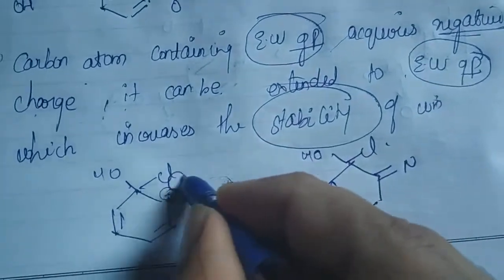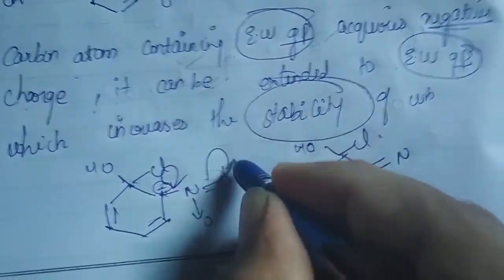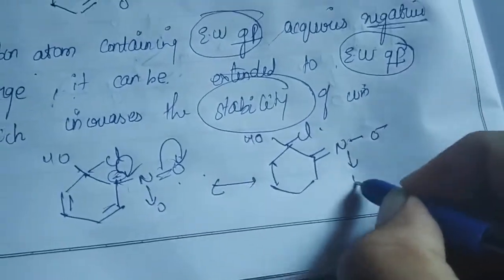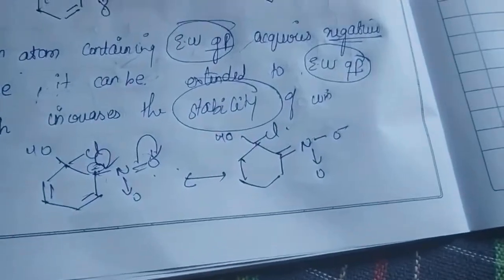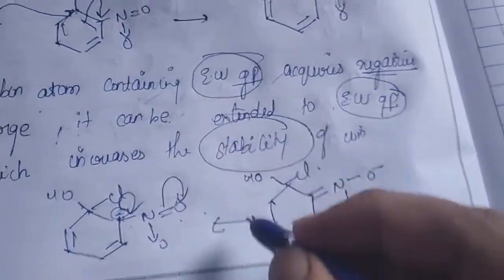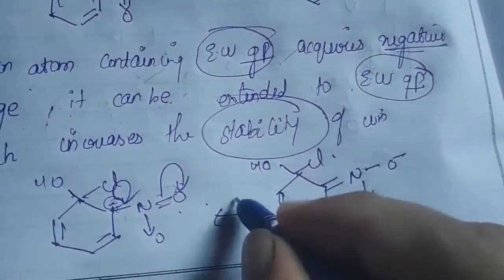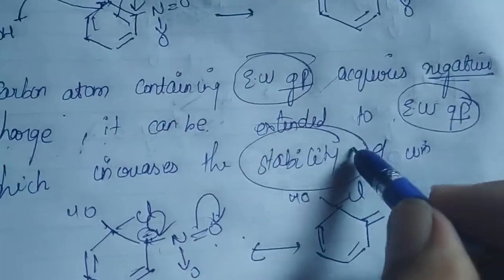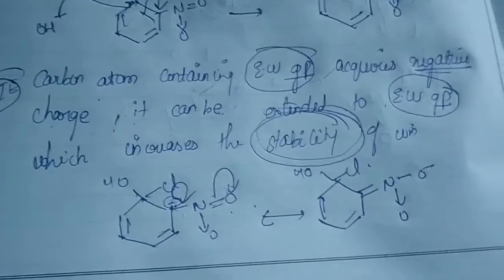Now this has gone over here since it has been taken. So double bond N, O minus, coordinate bond with a nitrogen with oxygen. Since it is donating that negative charge towards the electron withdrawing group, the stability of the ion increases.